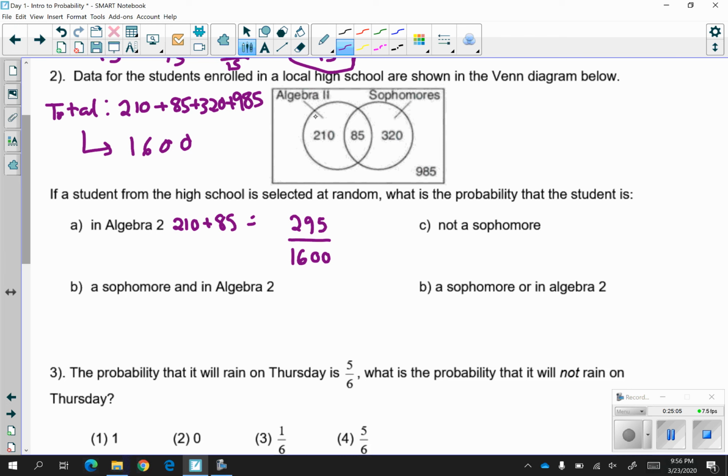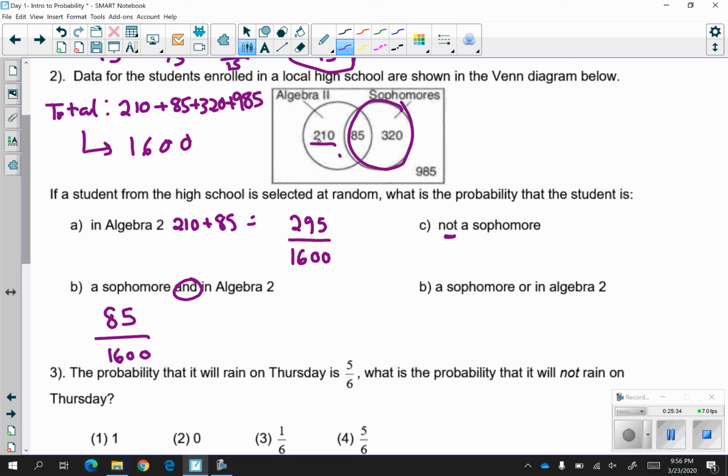For part B, you're talking about a sophomore and in Algebra 2. So that means your intersection, your overlap between both of them. And that's going to be 85 out of 1600. Next one, you're talking about not a sophomore. So draw the circle, and remember, you want everything outside of the circle.